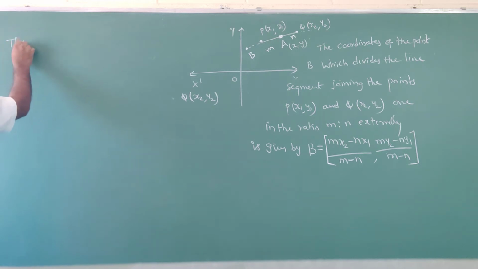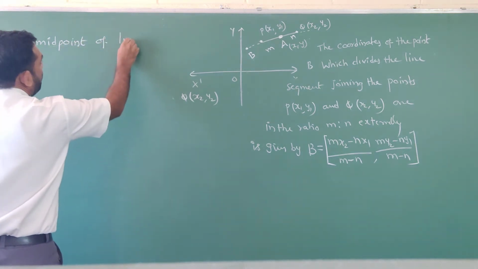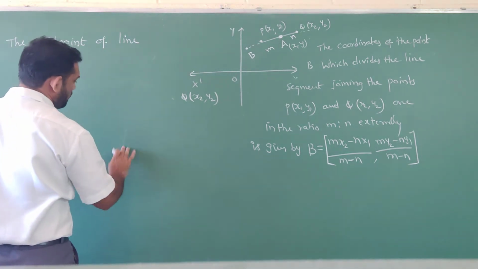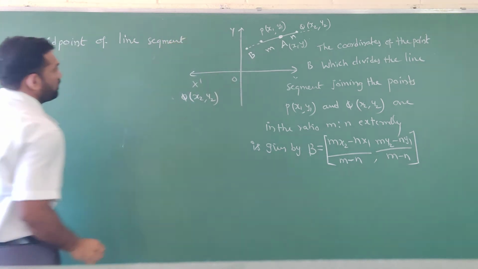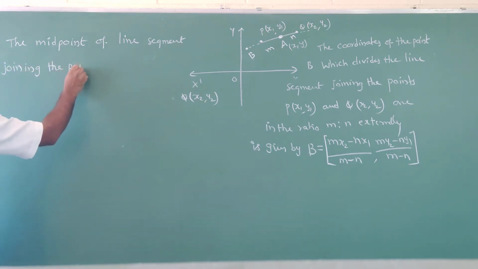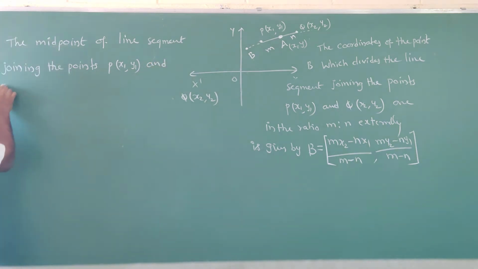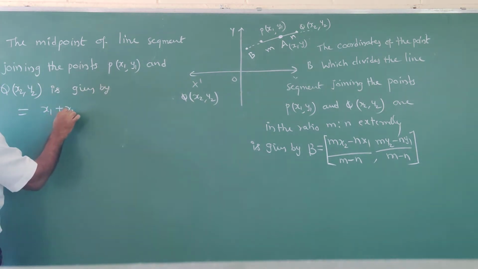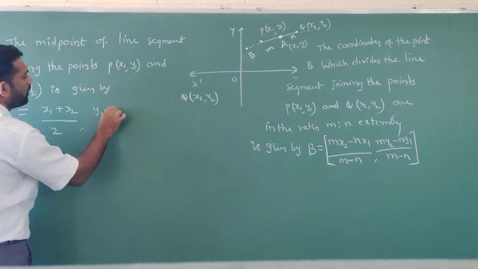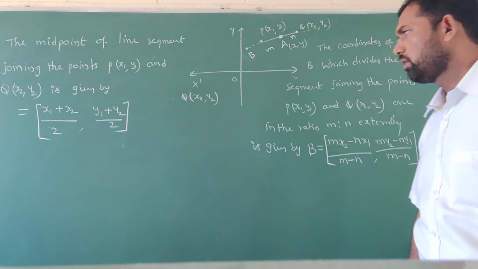The midpoint of the line segment joining the points P (x1, y1) and Q (x2, y2) is given by ((x1 plus x2) divided by 2, (y1 plus y2) divided by 2).